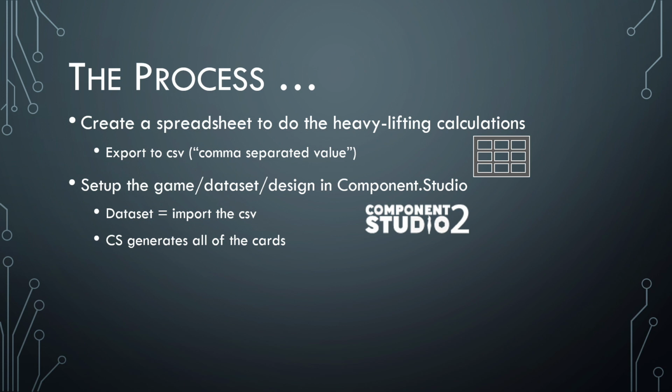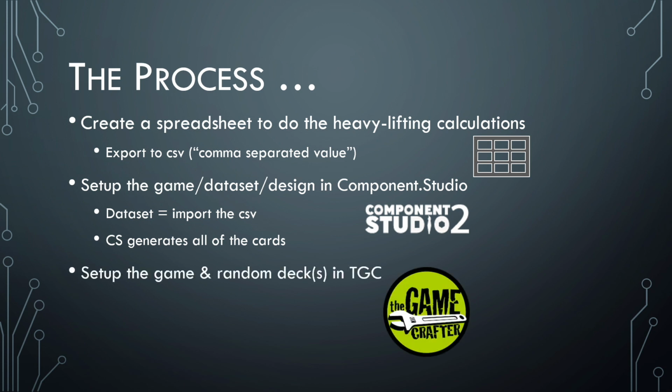We're actually going to design 180 cards so that we put 180 cards into The Game Crafter and say pick a random 18, and that will give you that mix. Those are just the numbers I'm picking for this example. And then the random deck setup in The Game Crafter is the last piece. I'm going to show a couple ways I've handled that as well.